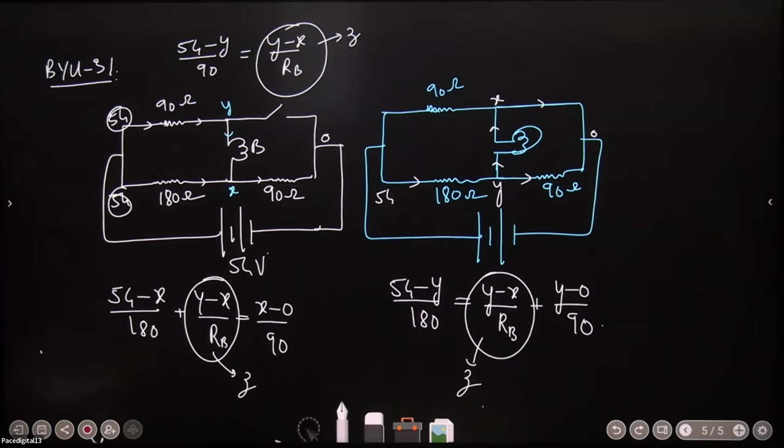Y minus X by RB, put it as some variable called Z. Eliminate Z, you will get X and Y. Once you get X and Y, nothing is more difficult in that question. Y minus X will be 6.